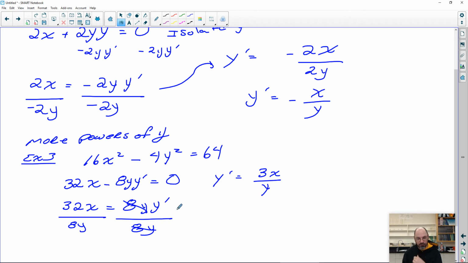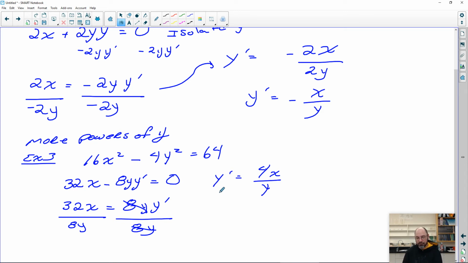What am I saying, 3, that's not 24, that's 4x, right? 32 divided by 8 is 4, because 3 times 8 is only 24. 4x, there we go. Okay, so there is an example of that.